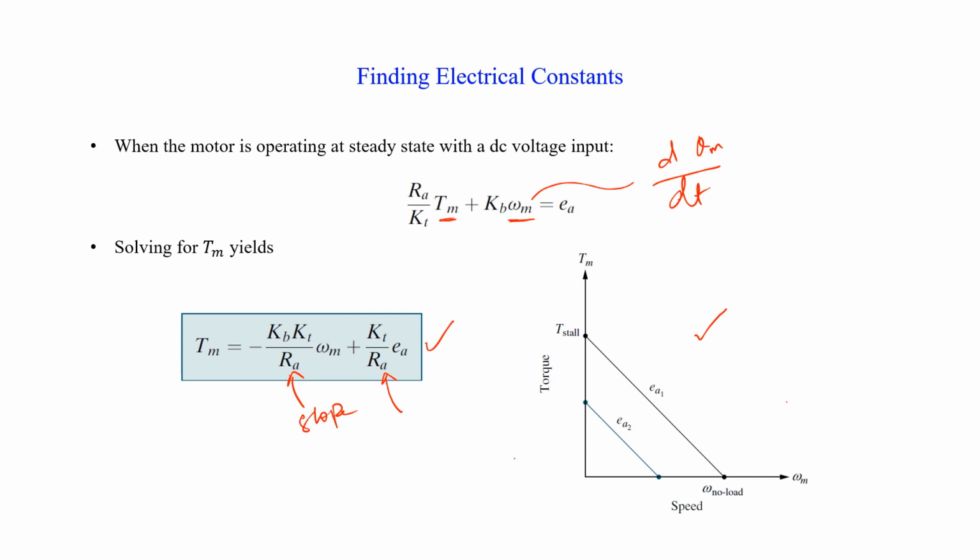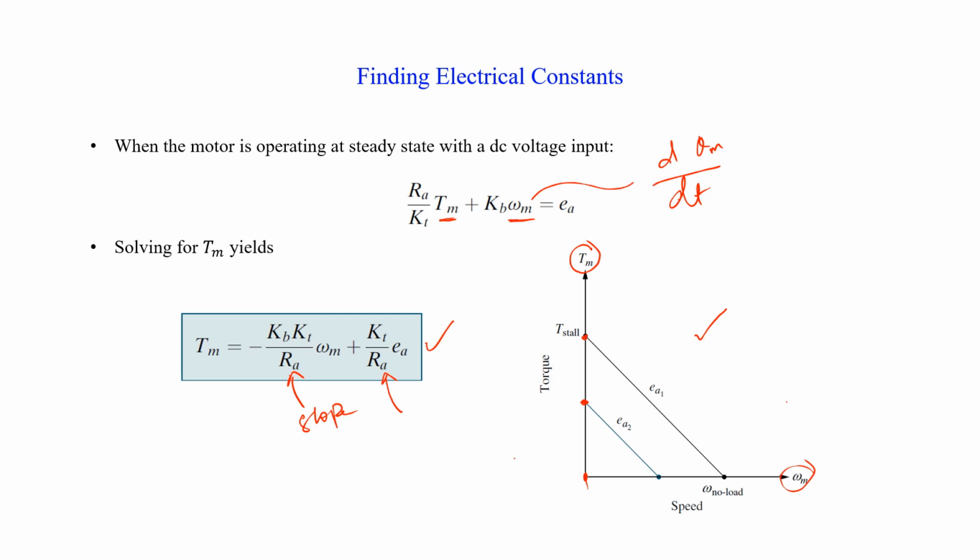And we can see from here that the vertical axis is the torque axis and the horizontal axis is the speed axis. If we want to find the y-axis intercept, this point or this point, this will be when omega m equals 0.